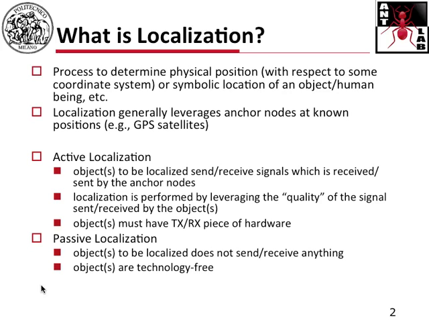In an active localization system, there is an exchange of messages between anchor nodes, which are fixed somewhere in space or on the Earth, and the clients which need to be localized. This interaction happens through some piece of hardware: a GPS transceiver, 15.4 sensor nodes, Wi-Fi sensor nodes, and so on.